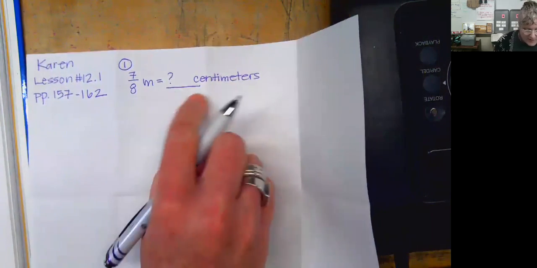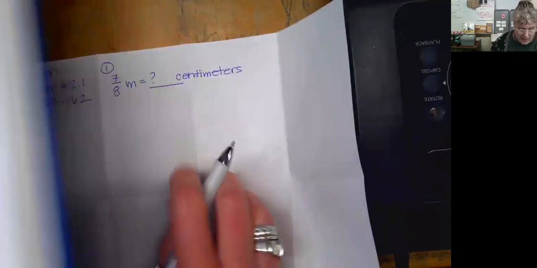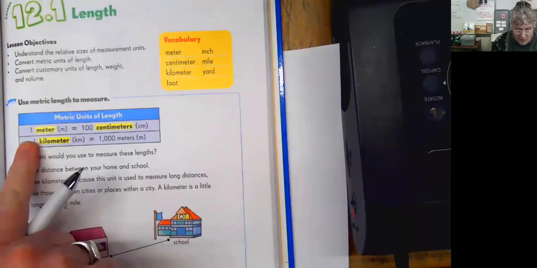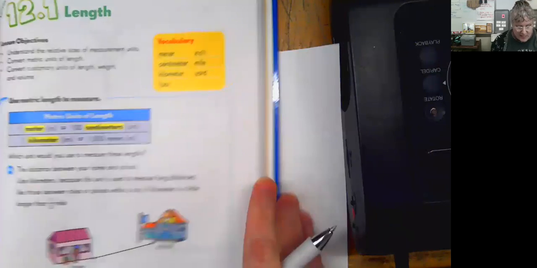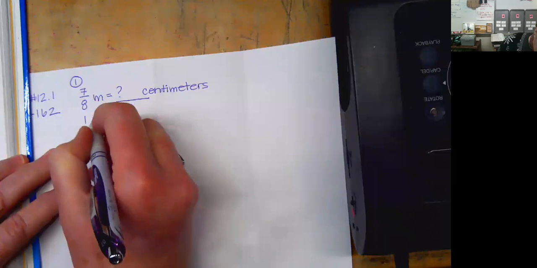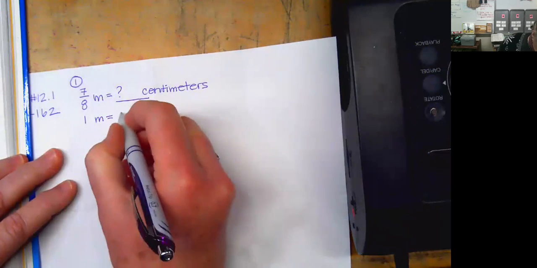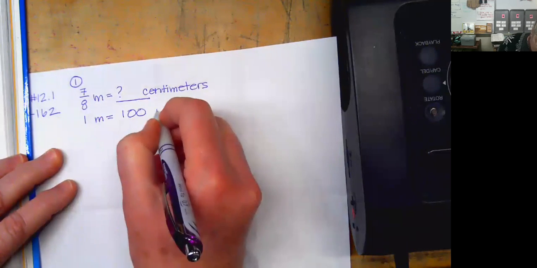So I need to find out meters and centimeters. So I'm going to look in here in my blue box. 1 meter equals 100 centimeters. So I'm going to write that. 1 meter equals 100 centimeters.